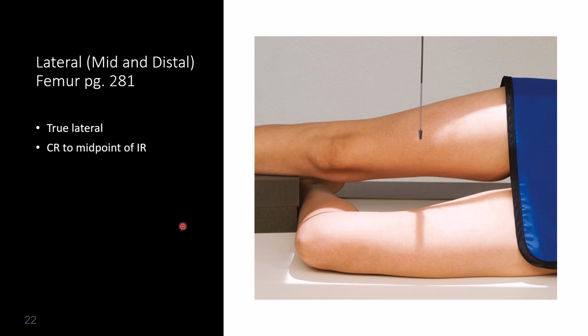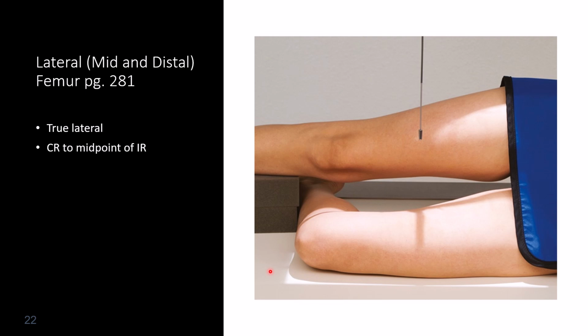Still 40-inch SID. Now you're opening your collimation to 17 inches in length, and you're probably still collimating a little bit from side to side, but this right here would be 17 inches. You're still 80 at 12.5. You're going to have the patient flex their knee approximately 45 degrees and roll their leg out towards the affected side.